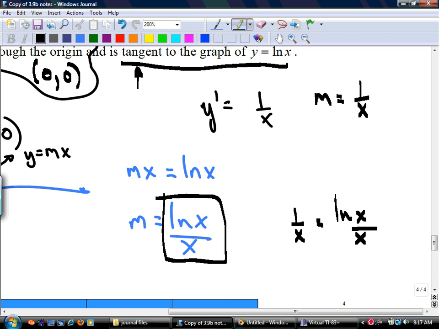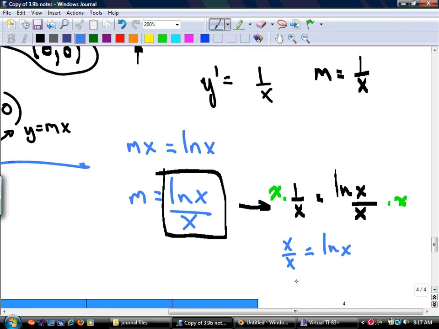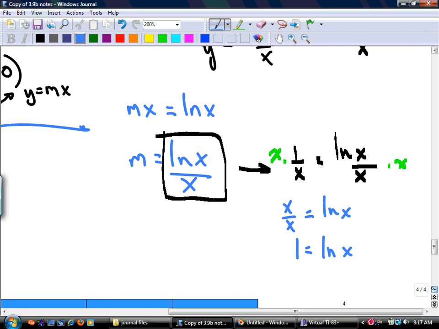Oh, I see what's going to happen now. So good, somebody referred me. Hey, look at the derivative, silly. Okay, solve this equation for x. So I would clear my denominators, and you get x over x equals ln x. What's x over x? 1. Get rid of your ln. E to the 1.